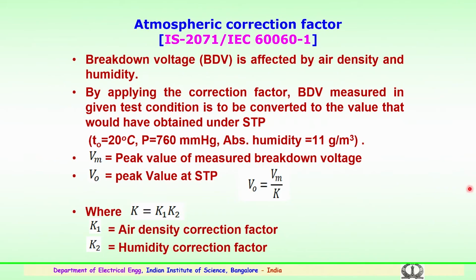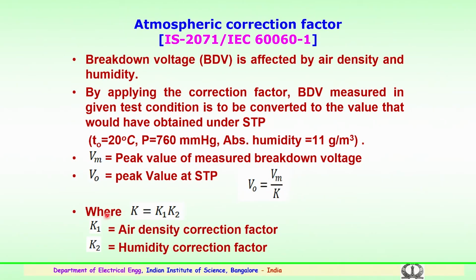V naught is the peak value at standard temperature and pressure. So, we have to convert the values to the standard temperature and pressure. For this, we have a correction factor to be used. So, that value V naught, equal to the peak value at standard temperature and pressure, is given by Vm divided by the K factor, where Vm is the peak value of the measured breakdown voltage.